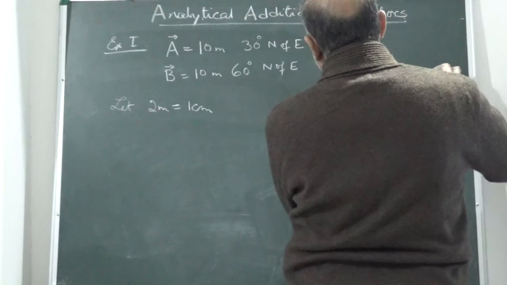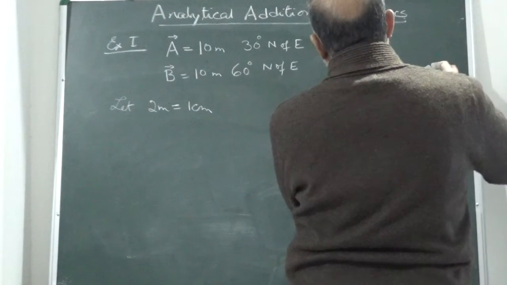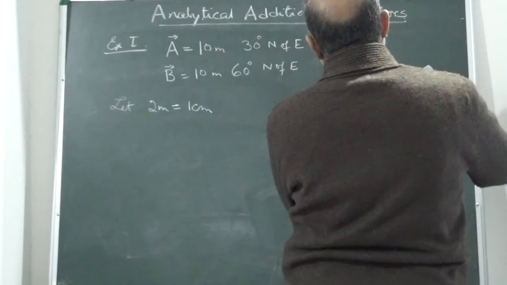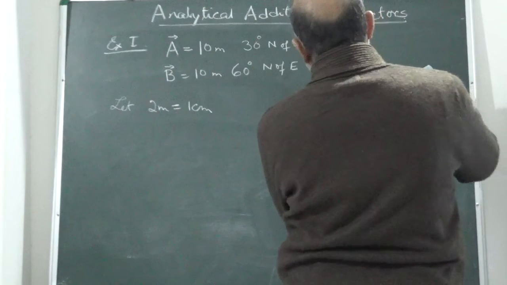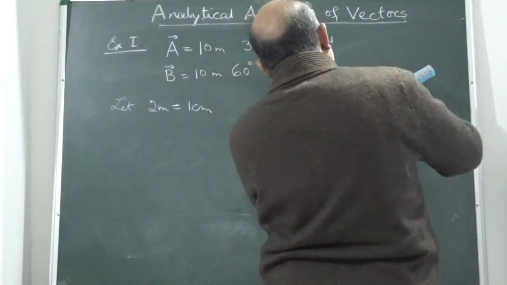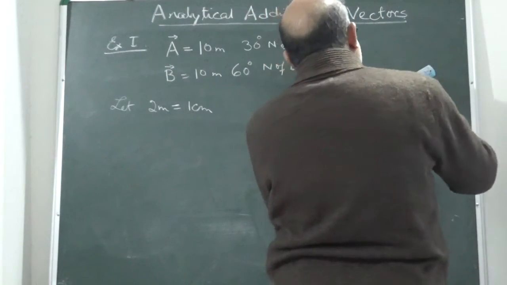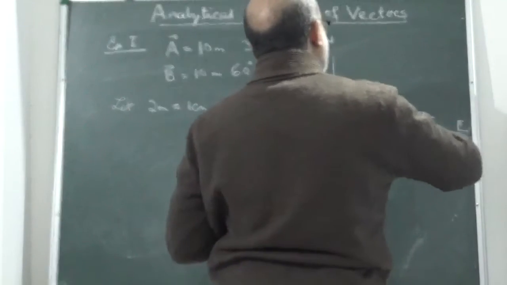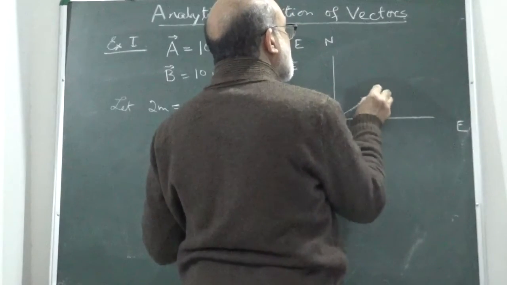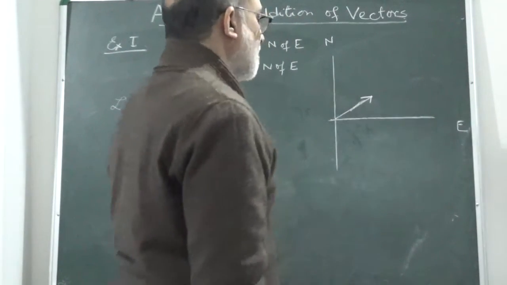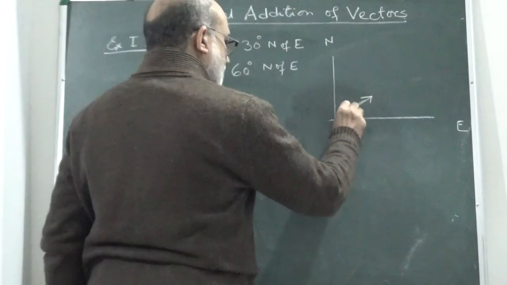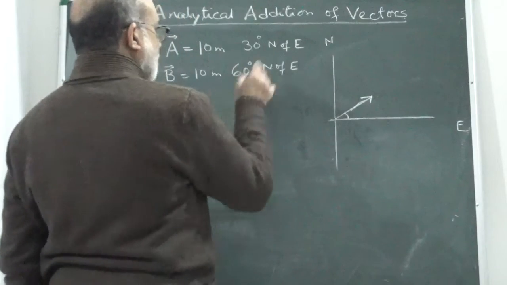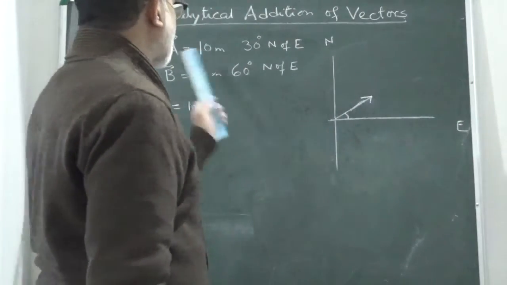I am not drawing centimeters because centimeters on the board will be very small, so I am taking inches. So this is vector A making 30 degree with east towards the north side, 30 degree north of east.